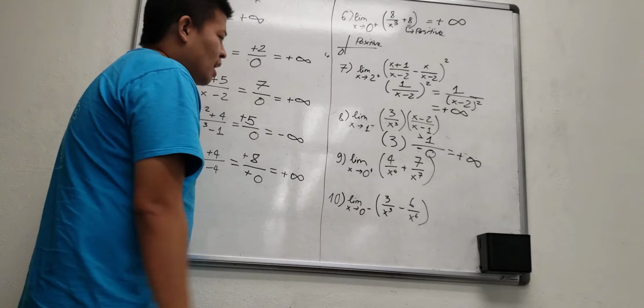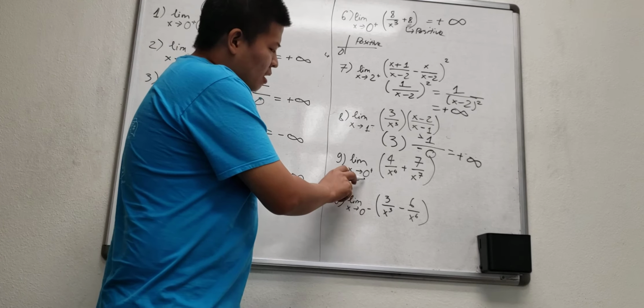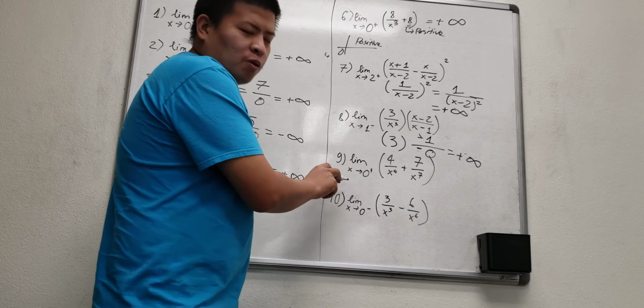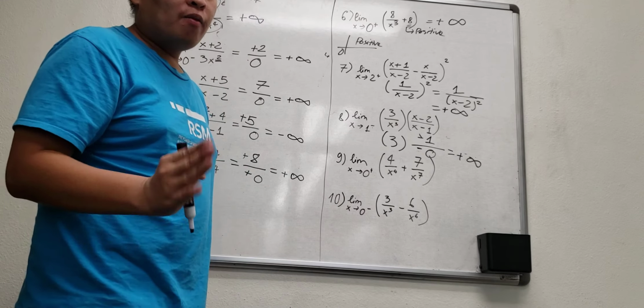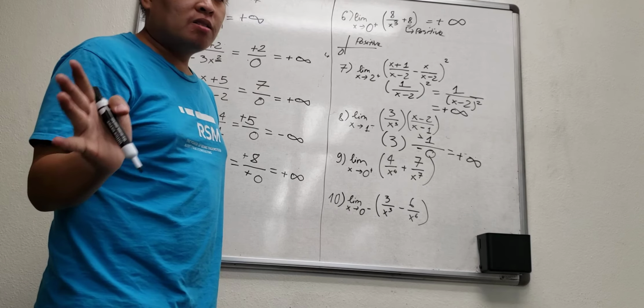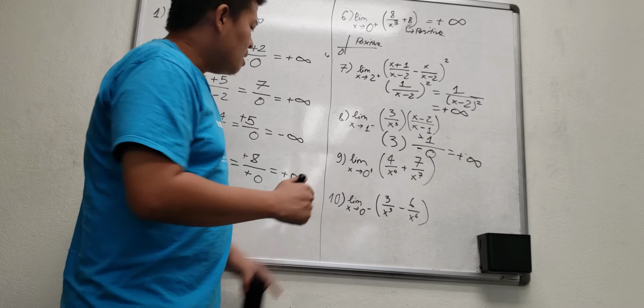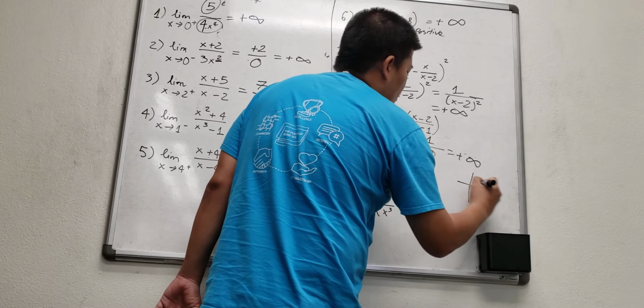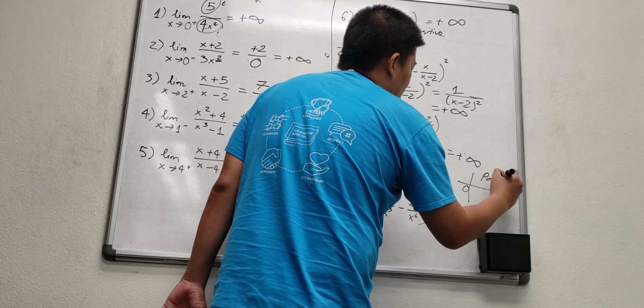The next one, number 9, we know that s goes to 0 from the right to the left. So this is in the positive area.